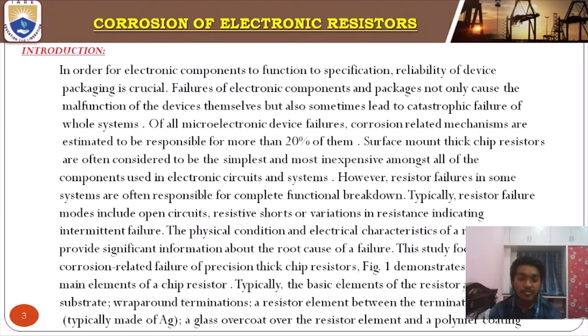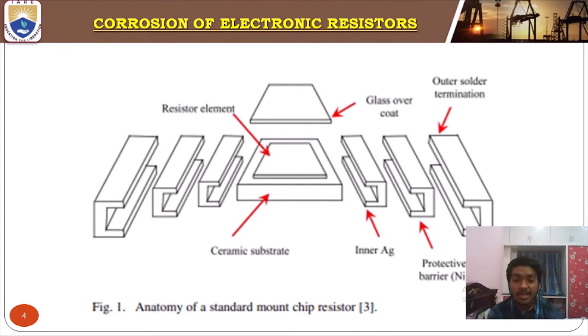Figure 1 shows a view of the main elements of a chip resistor. Typically the basic elements of a resistor are a ceramic substrate, wraparound terminations, a resistor element between the terminations, typically made of silver, a glass overcoat over the resistor element, and a polymer coating over it. This is the inner layer of the resistor. There are three layers in resistors: inner layer, protective layer, and outside layer.